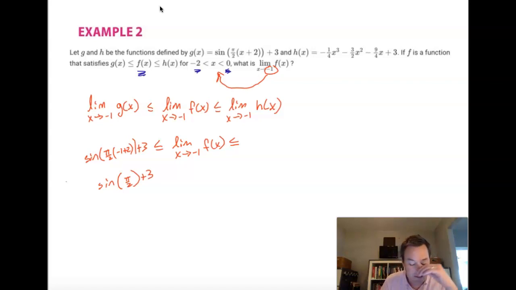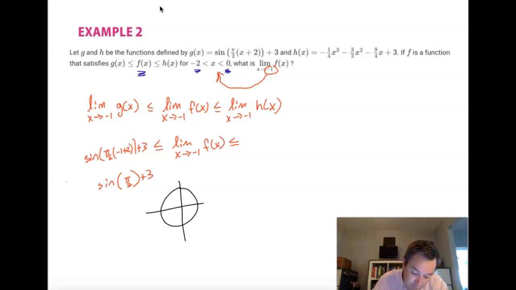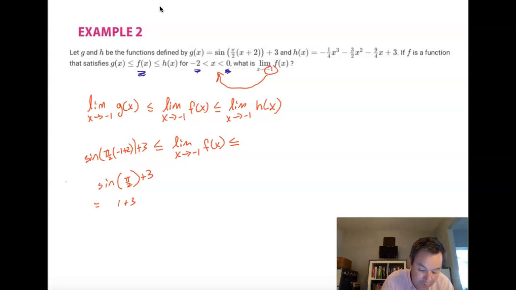Sine of pi over 2 is 1, right? Hold on, need to make my unit circle. Pi over 2 is right here. That's the coordinate 0, 1. Sine's the y coordinate. Yes, sine of pi over 2 is 1. So what I end up with is 1 plus 4. Sorry, 1 plus 3, which is 4.